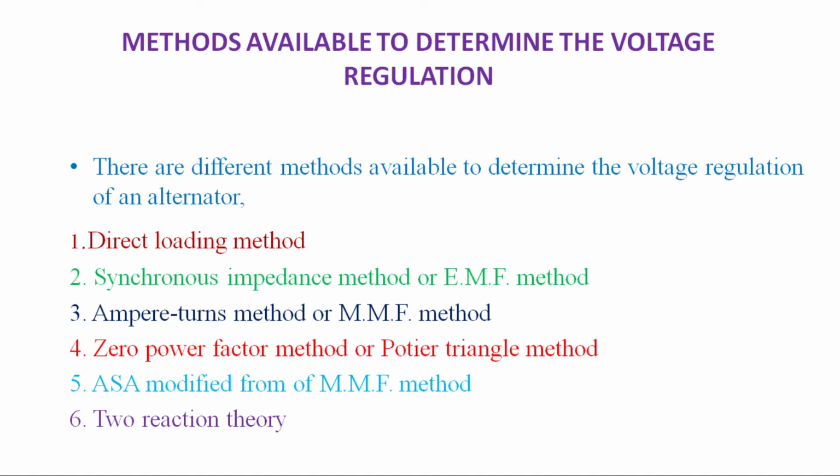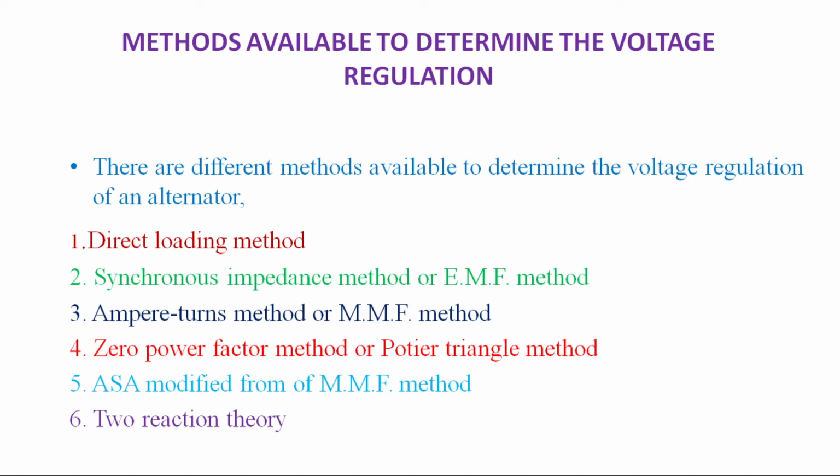The short circuit characteristics are obtained by short circuiting the armature windings through an ammeter. Excitation is adjusted so that only 1.5 to 2 times the full load current flows through it, and then we note the short circuit current. Like this we calculate three things: RA, OC characteristics and SC characteristics.